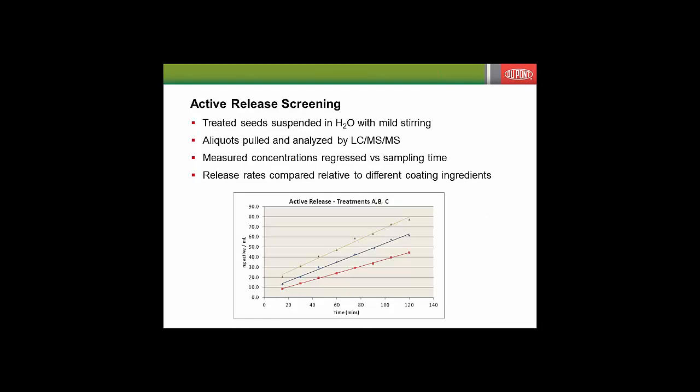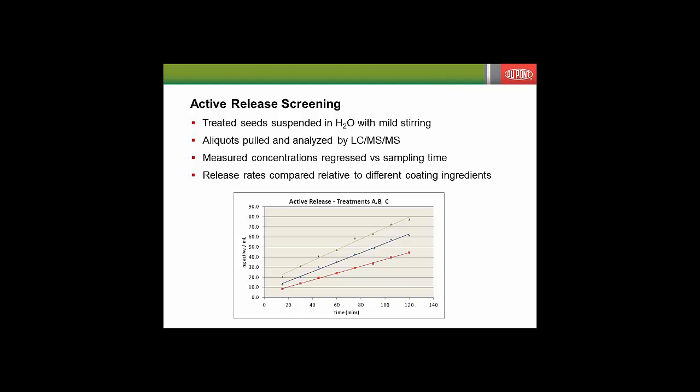An example of testing active release in the water is shown on this slide. It was just a simple matter of understanding how tightly the active would be held by different coatings that were involving different coating ingredients, and a simple time release experiment like this can give you a sense of the rate of release per unit time.